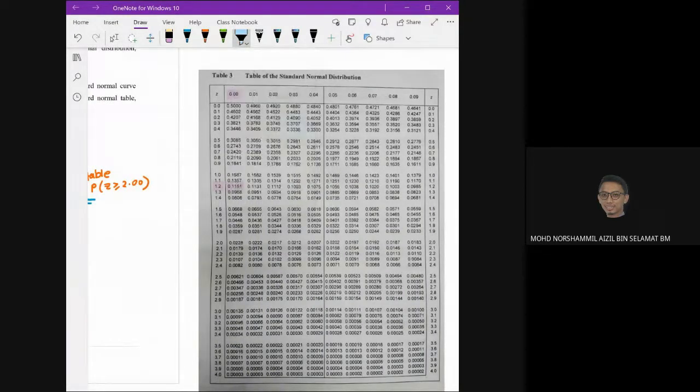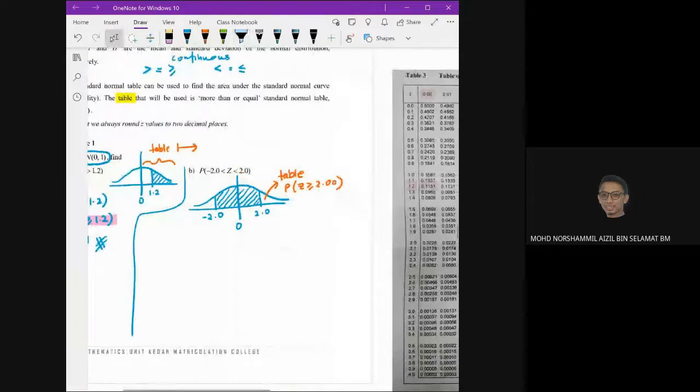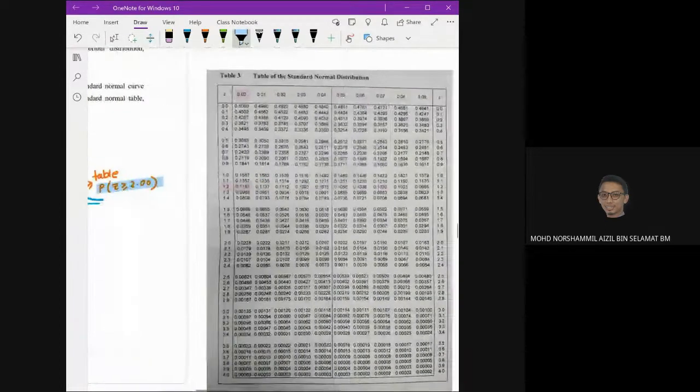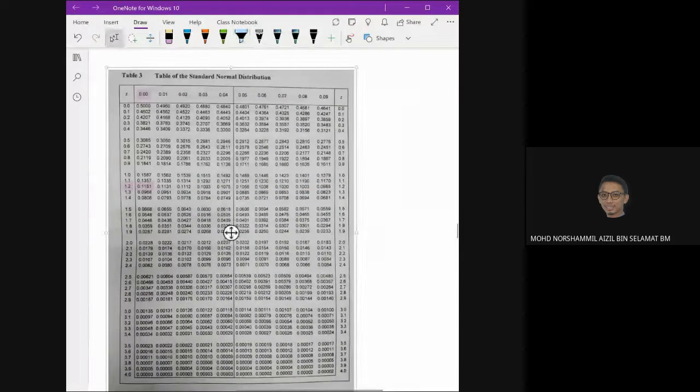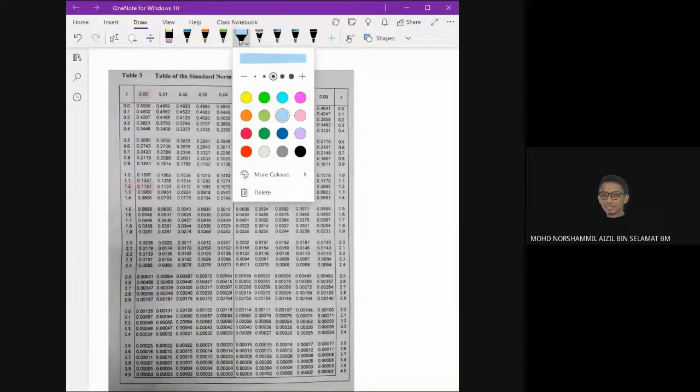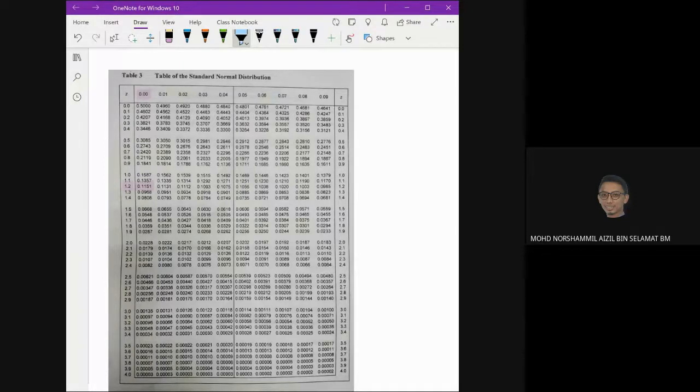So, yang mana satu? Yang mana satu kat ni? Tu. Tengok tu. Oh. So, tu. Guys, boleh dengar tak suara saya ni? Boleh, sir.